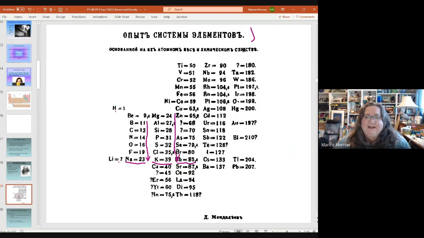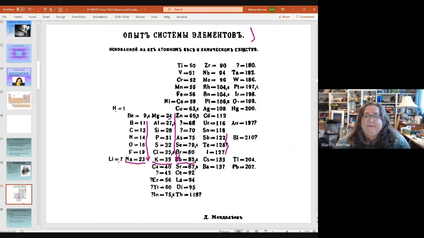He was trying to do things by mass, but you can see here, magnesium is 24, aluminum 27, silicon 28, right? So mass is increasing. But some places he would say, that doesn't seem right. So over here, he went from 122 to 128 and then to 127. He said because properties are more important than just the mass. So he ranked things by their properties.